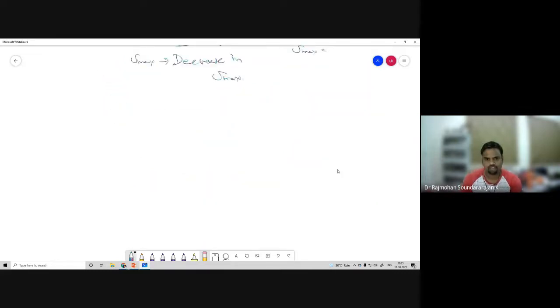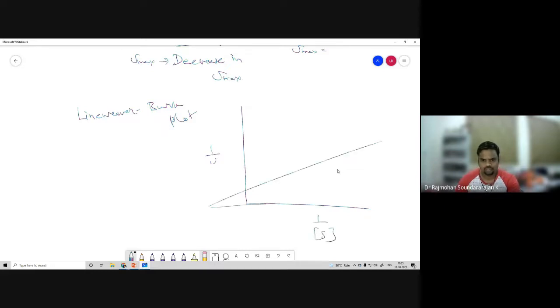If you plot the Lineweaver plot, which is 1 by V rate versus 1 by substrate concentration, we are going to have two graphs. When I equals 0, we have one graph, and when I concentration is greater than 0, we are going to have a different value. So your Vmax value is changing.